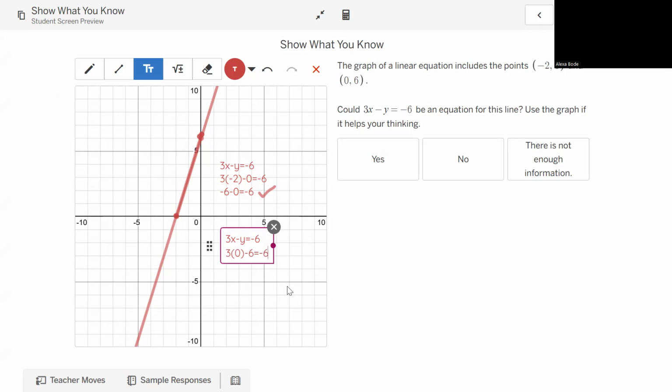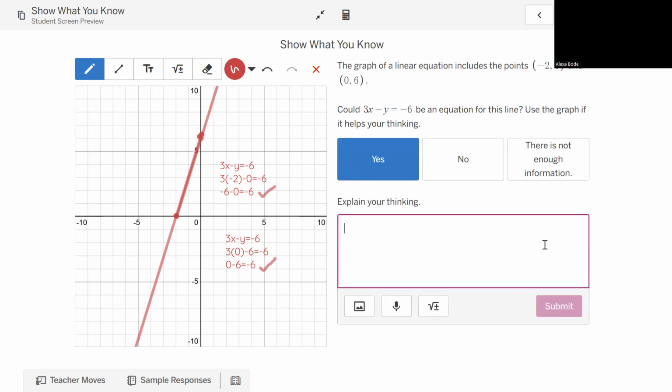Does that equal negative 6? 3 times 0 is 0, minus 6. Does that equal negative 6? Yes, 0 minus 6 is negative 6, so that does work. Since both of these points work for the equation and makes the equation true, they are both solutions to the equation. That means that this equation is the line. So if you said yes, you are correct.